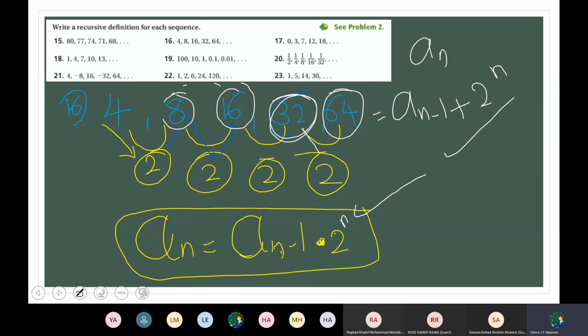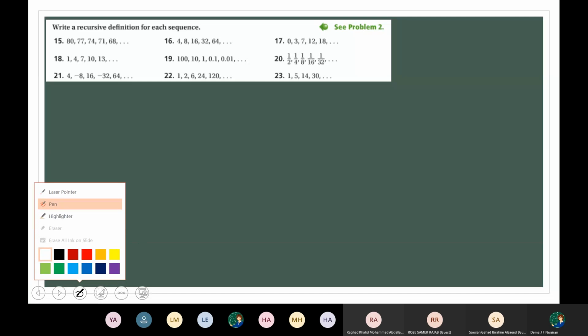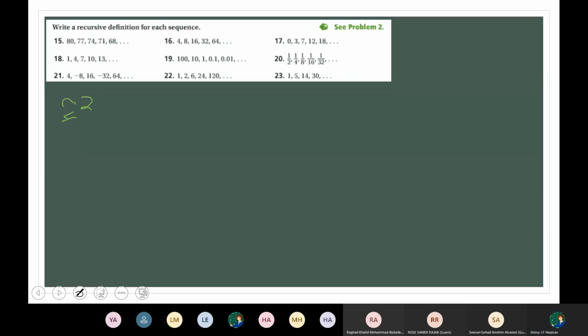Now let's try to find number 23. In number 23 here, we have 1, 5, 14, and 30, and so on. Let's try now to find the difference.